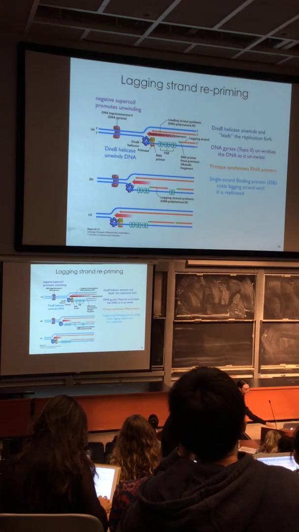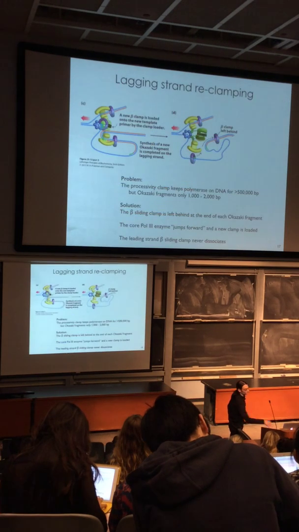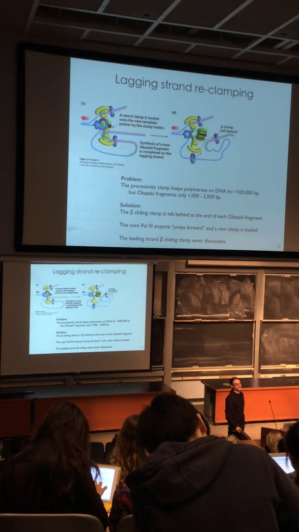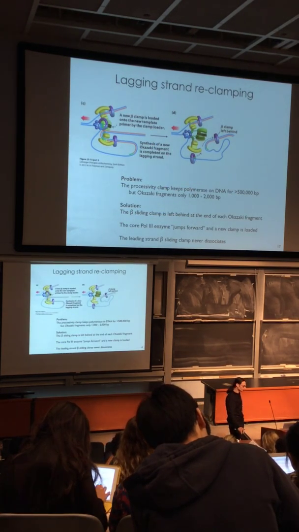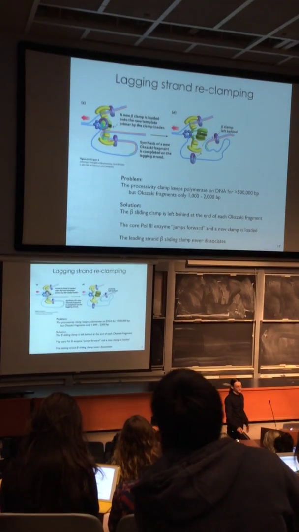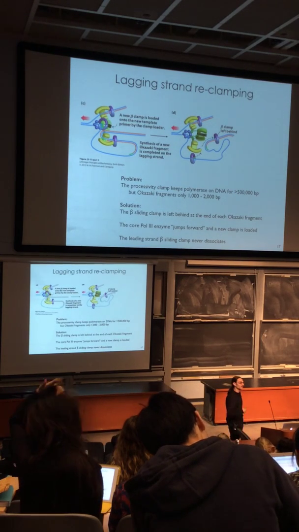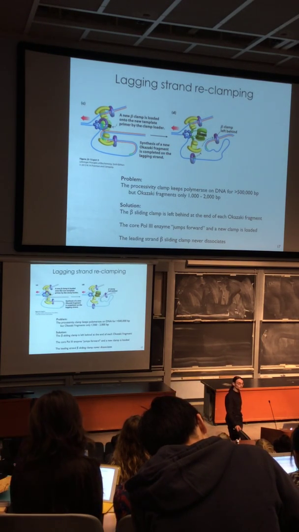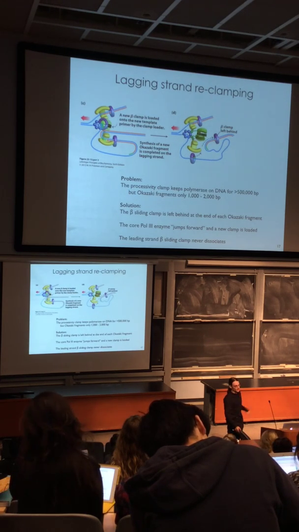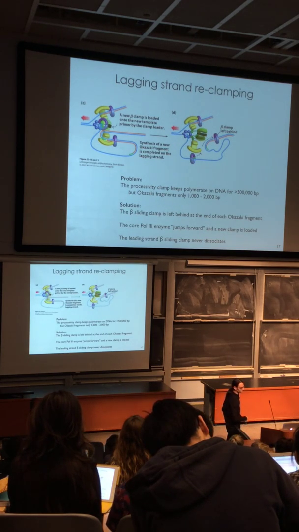past those SSBs. Of course, another problem with lagging strand synthesis is, I told you that the polymerase has this clamp that gives it amazing processivity, where it can go hundreds of thousands of base pairs without falling off, but of course the lagging strand polymerase does need to fall off every time it runs to the end of one Okazaki fragment and needs to take one of these big steps backwards.